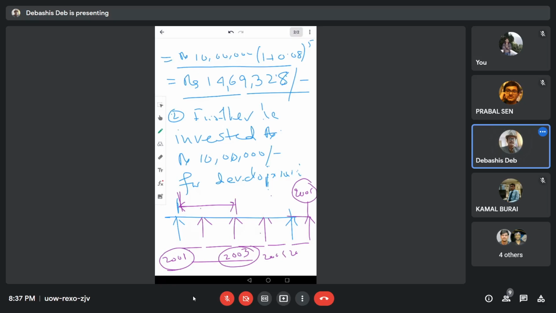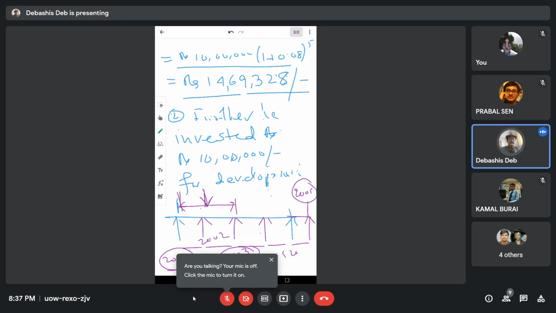This is also an accepted rule. We can consider that the entire amount of 10 lakhs, though invested for a period of 2 years, was invested at the mid of 2 years, say during 2002. So if the entire amount is invested in 2002, then the blocking period will be 5 years minus 1 year. It will be 4 years.